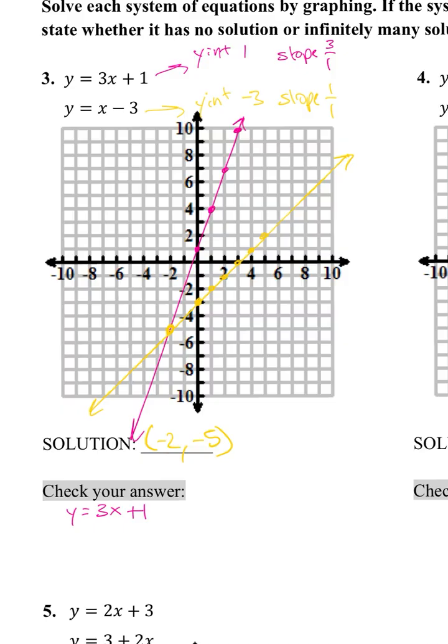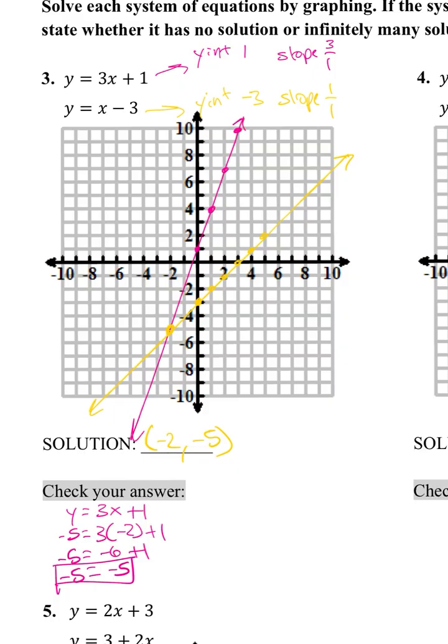We've got -5 equals 3 times -2 plus 1. Let's simplify the right-hand side. We've got -5 equals 3 times -2, which is -6, plus 1. And then -5 equals -6 plus 1, which is -5.